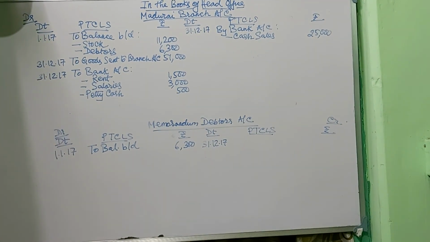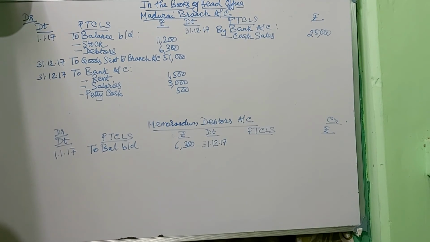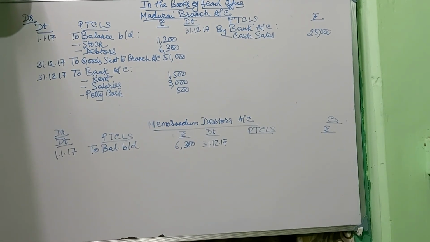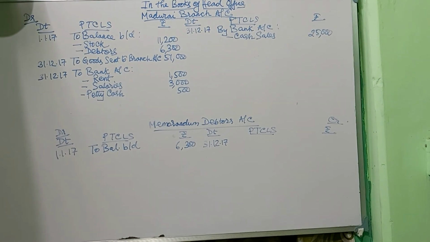So what will be the entry? See, when you are receiving the cash, the entry will be bank account debit to debtors account.